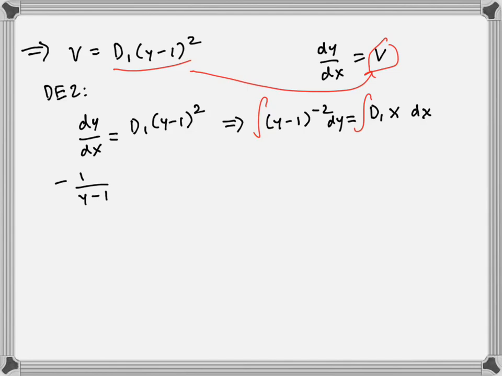Okay, so we get negative 1 over (y minus 1) is equal to d1 over 2 x squared plus, and then I could call this next constant d2, right? Or c2. Let me call it c2. So this is what we get. Now, can we solve for y here? Yes, we can.